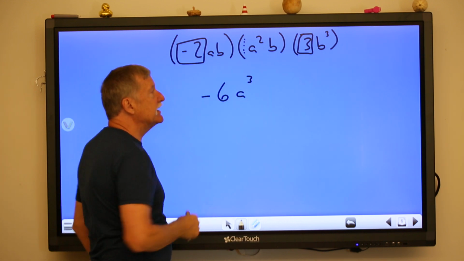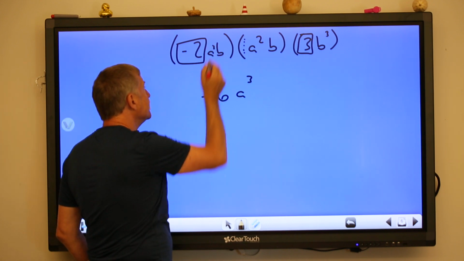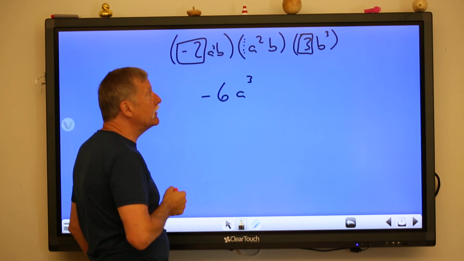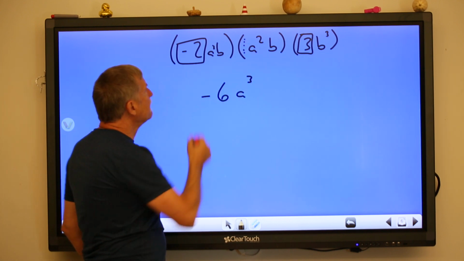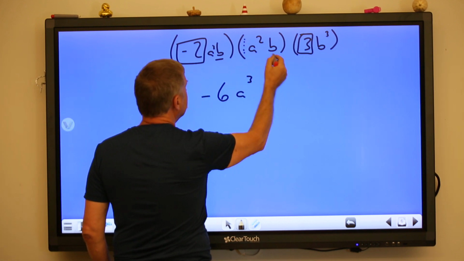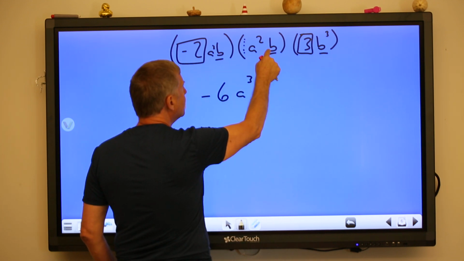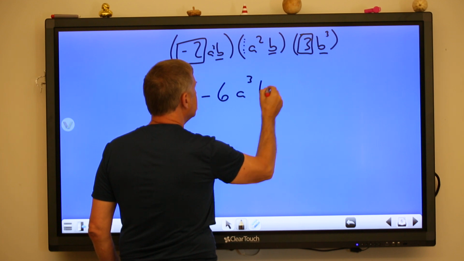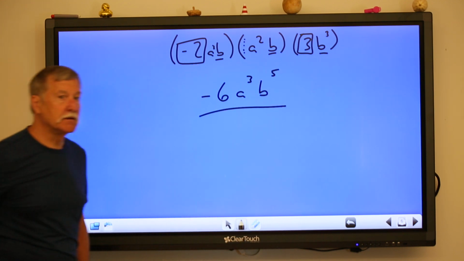A times a squared. The product rule says add the exponents. There is a 1 there for the exponent, even though we don't write it. So it's 1 plus 2, and that's why we get 3. For the b's, I got a b and another b and a b to the 3rd. That's 1, and 1 more, and 3 more makes b to the 5th. And that does it. There's the answer.